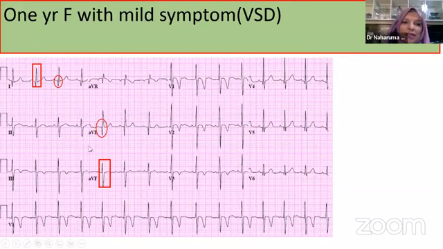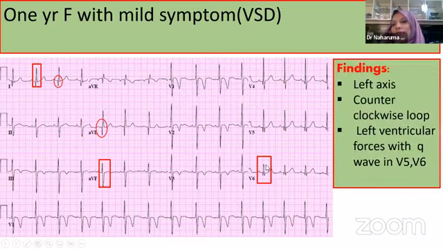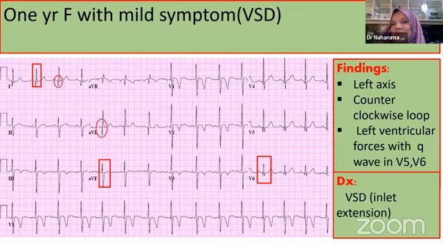Along with left axis and counterclockwise loop, we get LV forces. And we got a Q wave in V6, and this Q wave tells of volume overload of the left-sided chambers. So the left axis with counterclockwise loop tells us this is an inlet VSD.